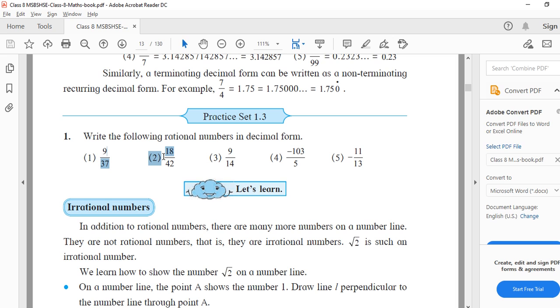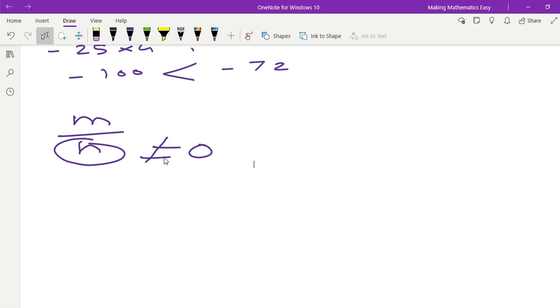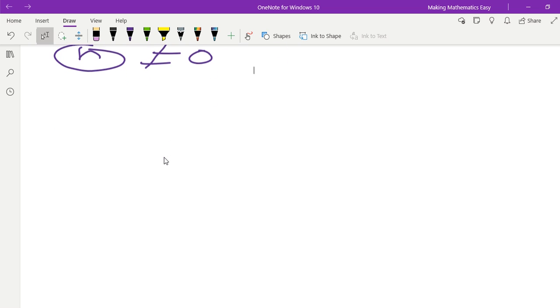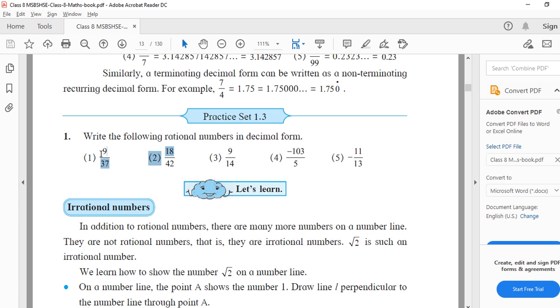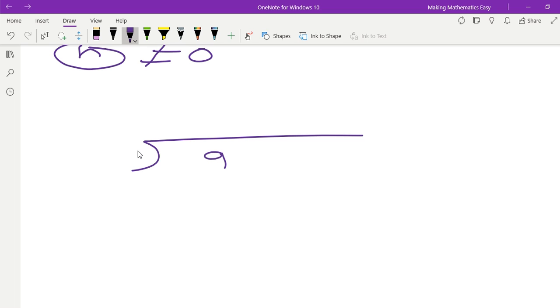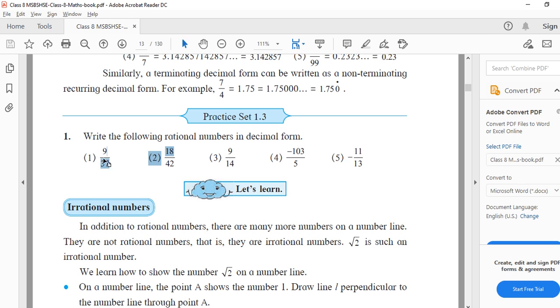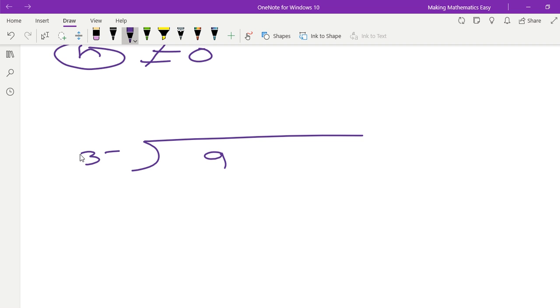Let's start with sum number 1, which is 9 divided by 37. Our numerator, 9, is the dividend, so that will come over here, and our denominator is the divisor, that will come over here.